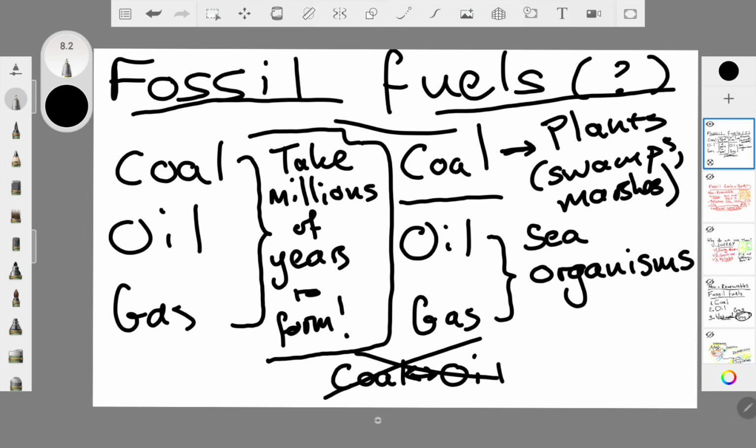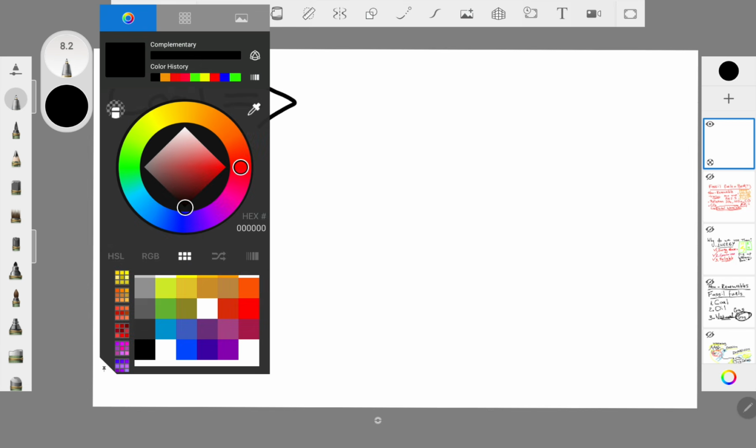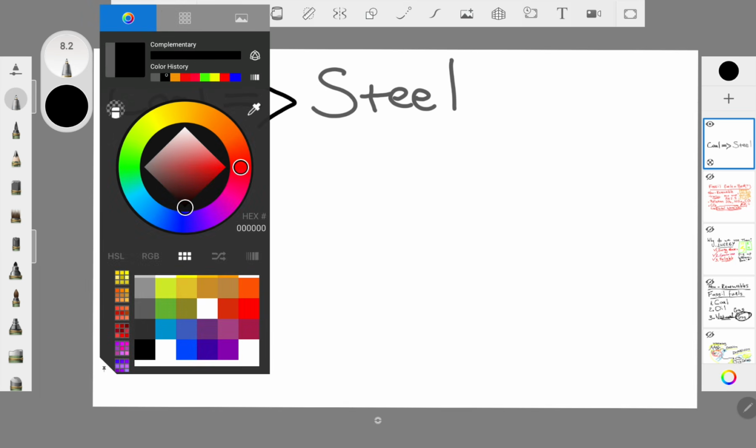Now, we also need to look at other uses for them, okay? Because it's not just energy. So coal, as much as we use it for energy, do you remember what else we use it for? Good. We use it in the steel industry, okay? To make steel from iron. Oil.